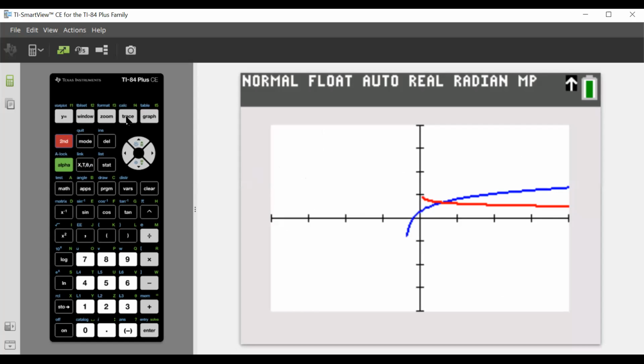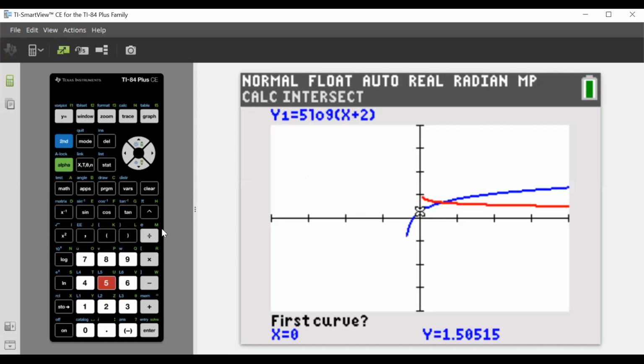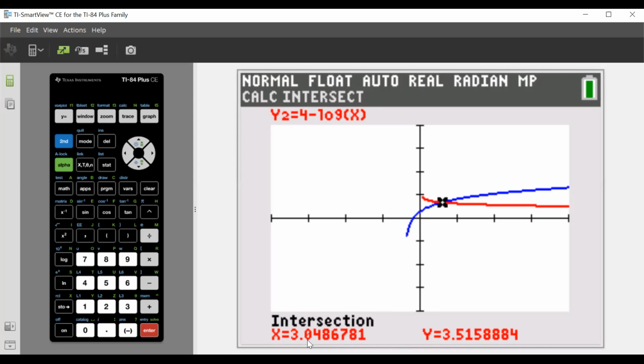So now let's get to it. We're going to do second trace. We want the intersection, which we said was 5. Our first curve is blue, our second curve is red. And we'll guess that area. And it says 3.0486.